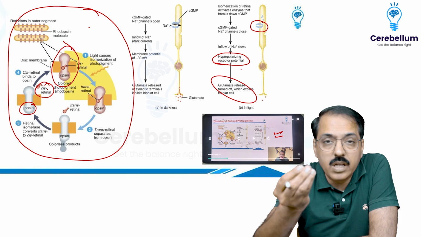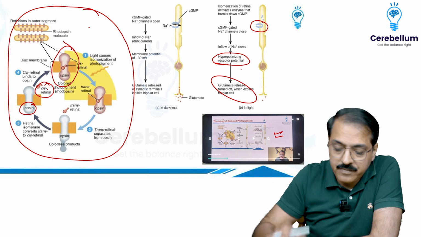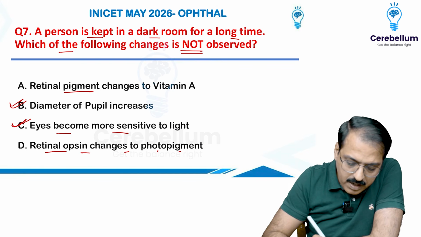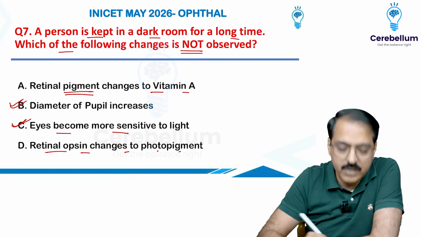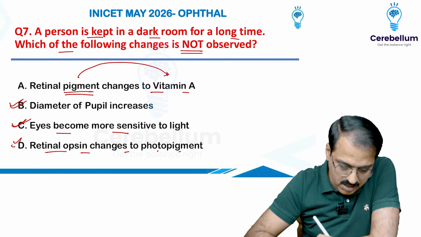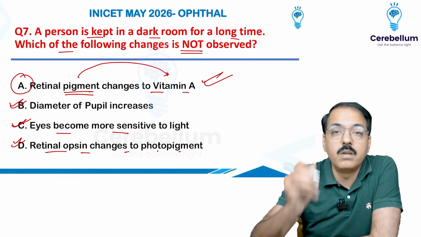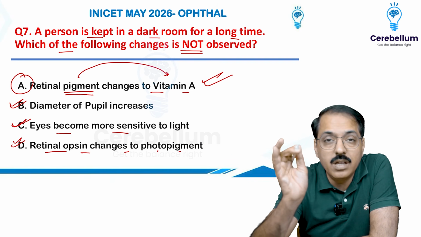Opsin is a protein and the pigment is there, so they become the photopigment. Why would a pigment change to vitamin A? It will not go in reverse. That is not there. So these three would be seen, and this is the correct answer: retinal pigment will not change to vitamin A.